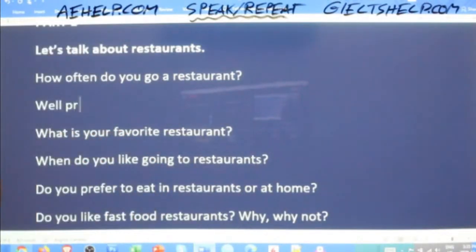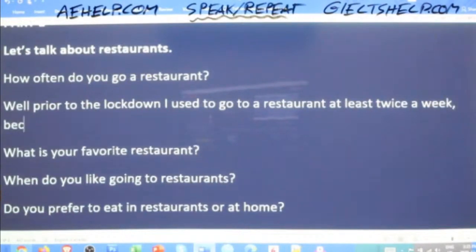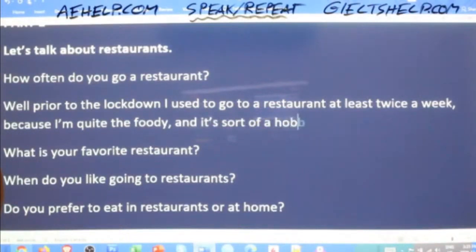Okay. So, well, prior to the lockdown, I used to go to a restaurant at least twice a week because I'm quite the foodie and it's sort of a hobby of mine.